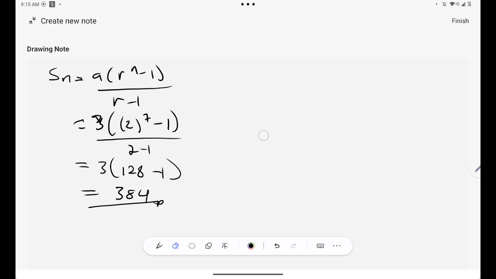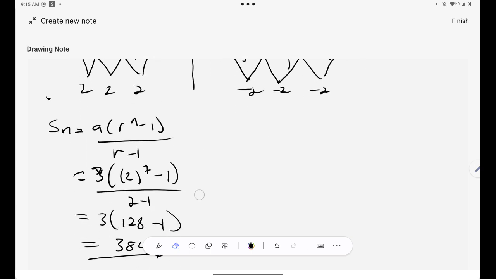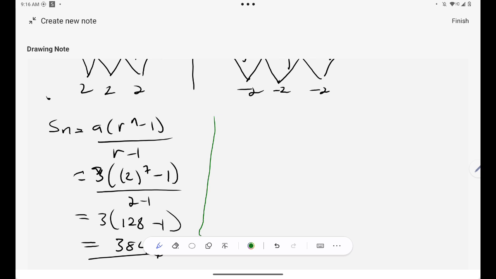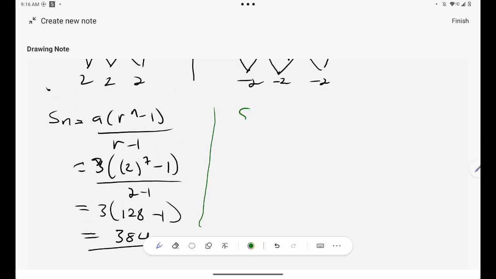Whenever my r is positive 2, but whenever my r is not positive 2, what will I get? Sum of the first 7 terms.